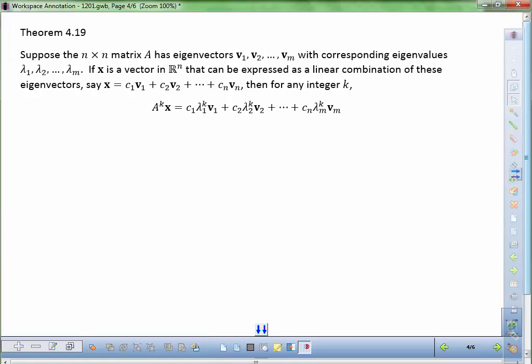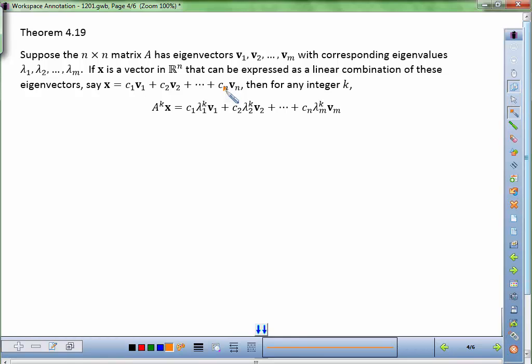Now, if x is a vector that can be expressed as a linear combination of the eigenvectors, v1 through vm, this should be m, then if we take that matrix A and raise it to any power, positive, actually negative also, then A to that power times x could be a linear combination of these eigenvectors.